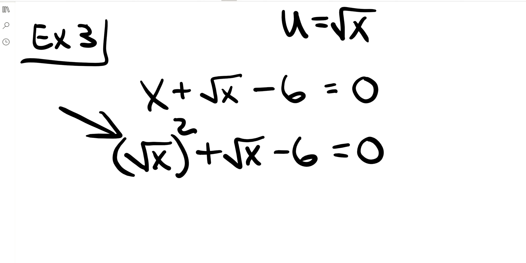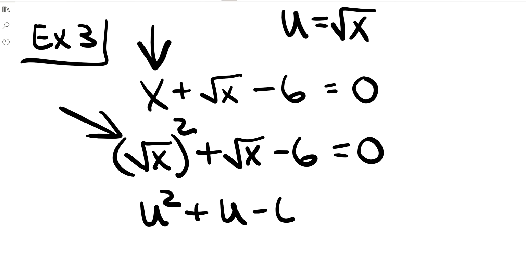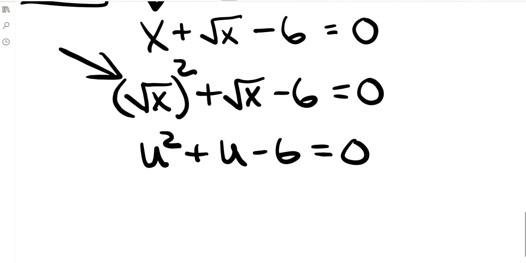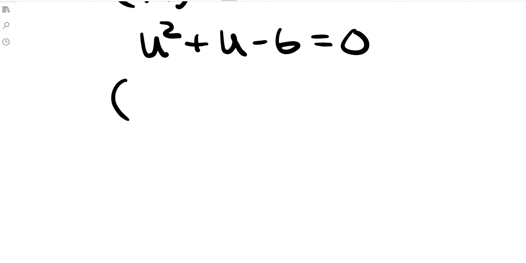And this is my square root of x here. And when I square it, it equals back to the x. So this is a good setup here. All right, so now I'm going to substitute for the u into it, and it's going to be u squared plus u minus 6 equals 0. And now we're on our way. All right, this is an easy factorization, this one. Well, it should be.